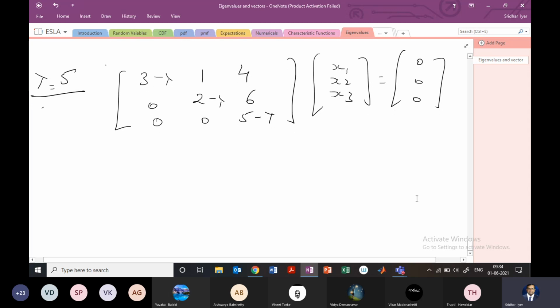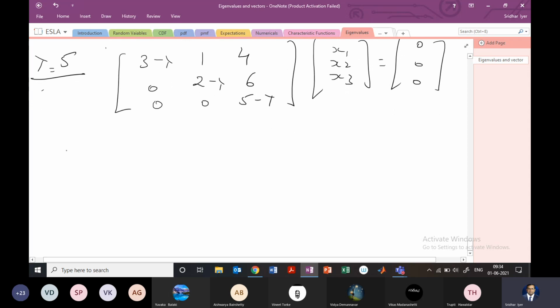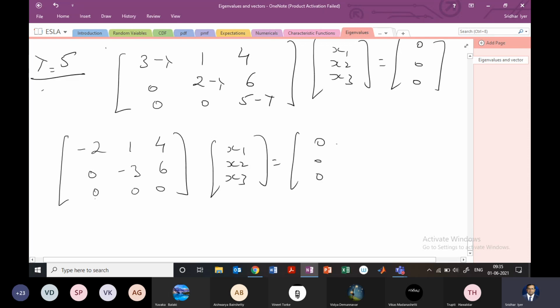Okay, so I think you have proceeded. Let me also solve it. So this will be 3 minus 5, negative 2, 1, 4; 0, negative 3, 6; and 0, 0, 0. And you get x1, x2, x3 equal to 0, 0, 0.